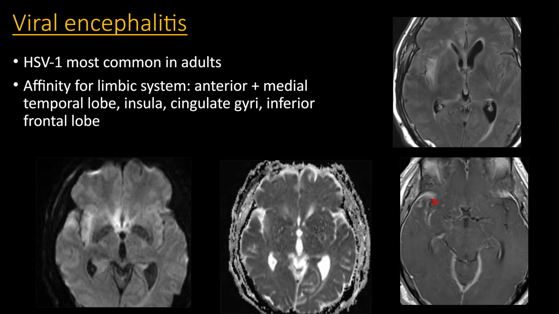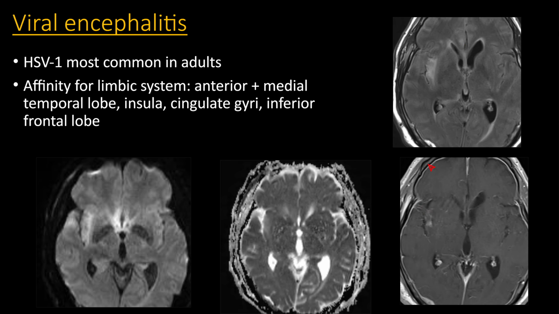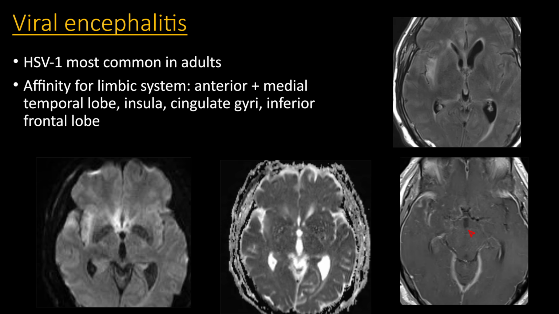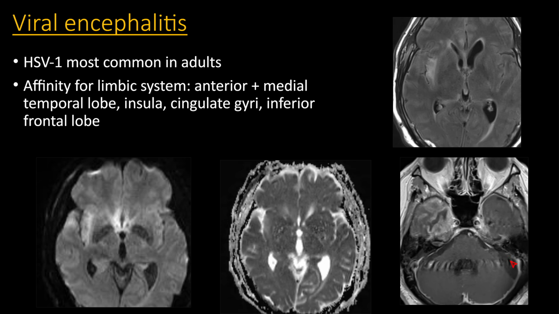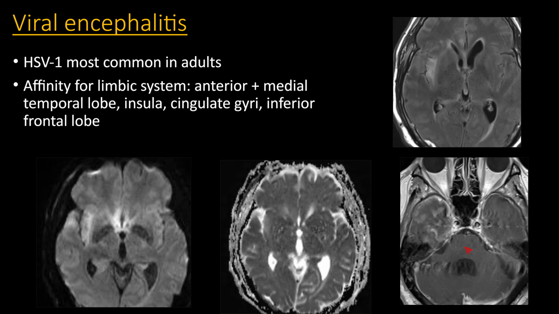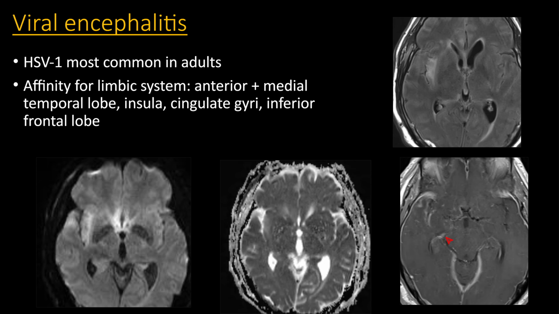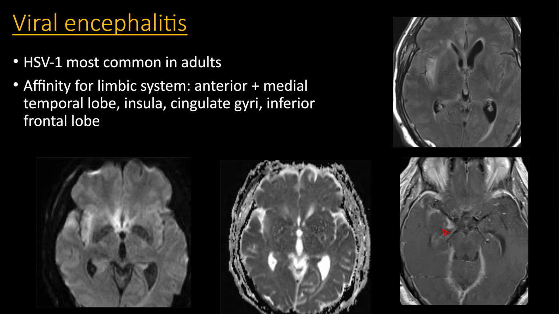Now, this particular case, if you look closely, you'll see this big pachymeningeal enhancement, and this was a post-operative case. So this patient had just had a surgery here, I think for a schwannoma resection or something. So having a lot of pachymeningeal post-operative enhancement, but in that setting of post-operative conditions, developed HSV1 encephalopathy.